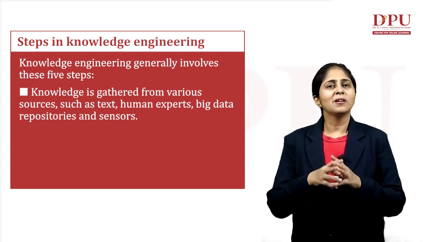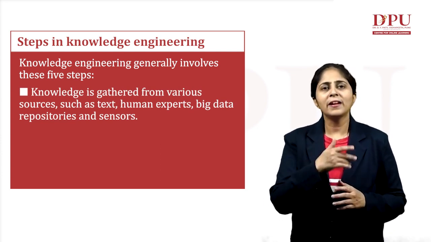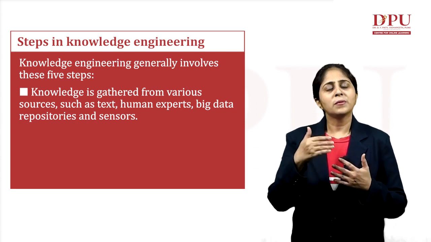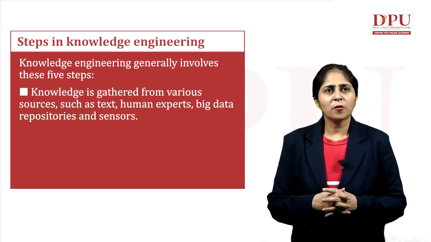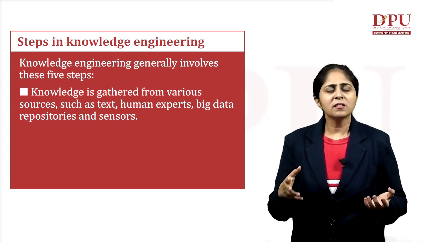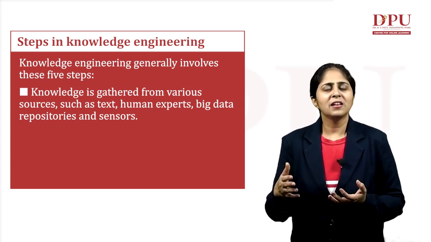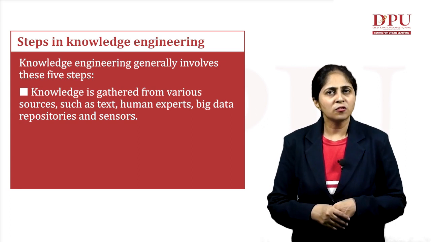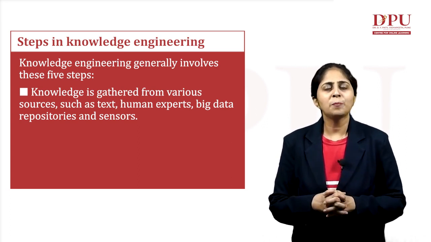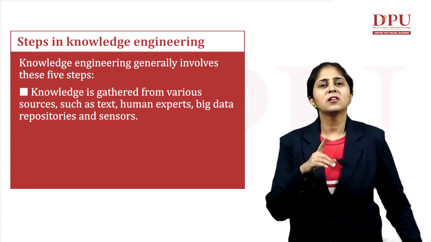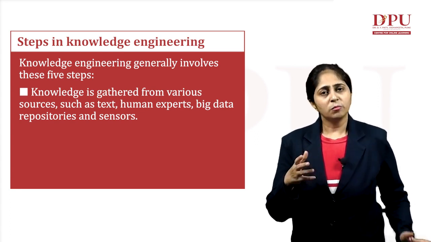Now this knowledge gathering is done from various sources like some text, some human experts, some big data repositories, some sensors. Any of these things can serve as a data source. So the very first step in the process of knowledge engineering is knowledge gathering.